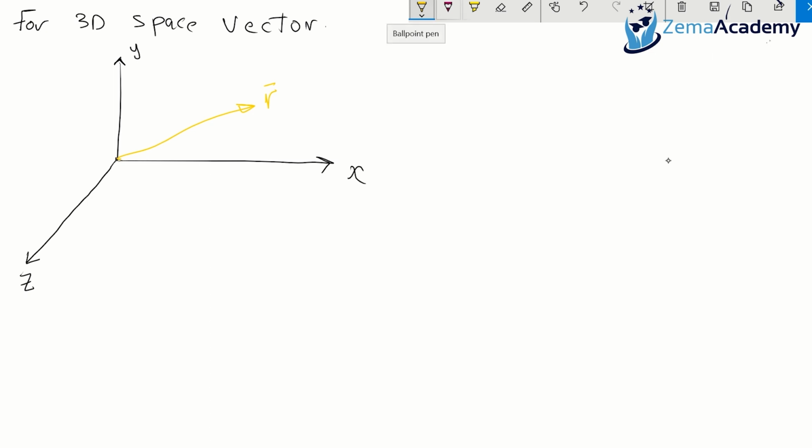And we said you have a unit vector in x direction, a unit vector in x axis, which we call i, correct? We have a unit vector in y axis, call it j.